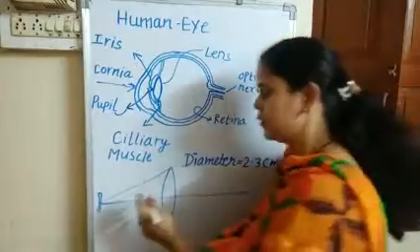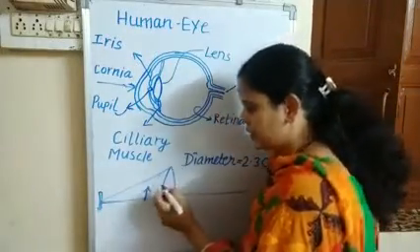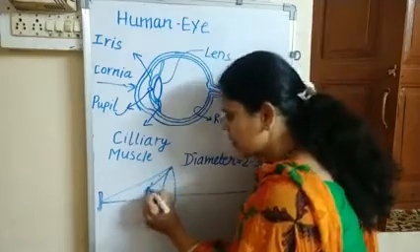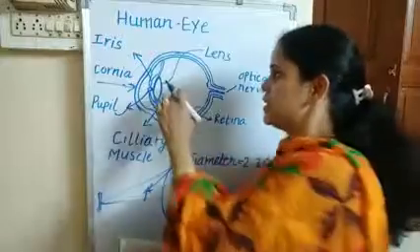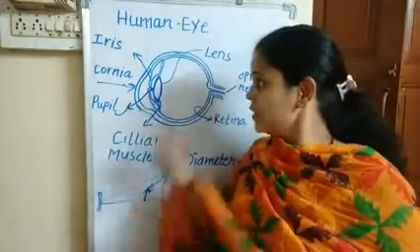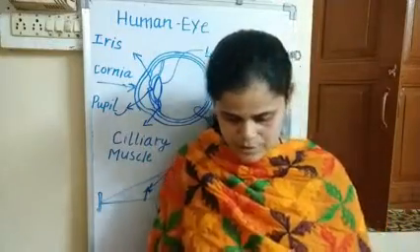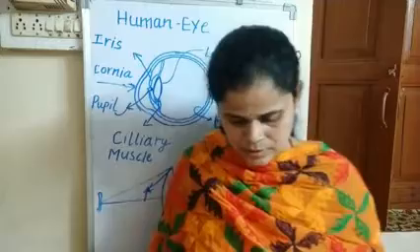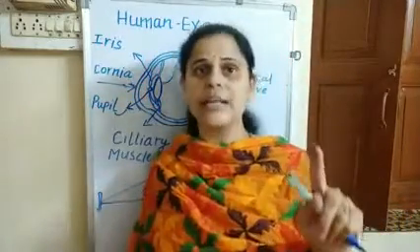Clear? And if the object is nearer to this lens, then the focal length decreases. That means this lens adjusts its focal length. Clear, students?